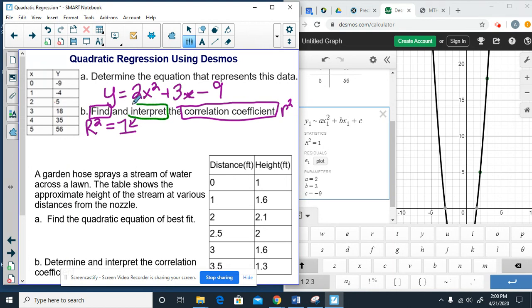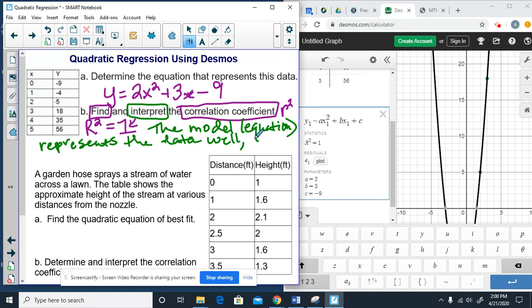So interpret means, well, what does that mean? That means that the model, which is the term we use for the equation that we write when we have this type of application situation, represents the data well. And if we use this, it could be used to predict something with great confidence, because that correlation coefficient is 1.